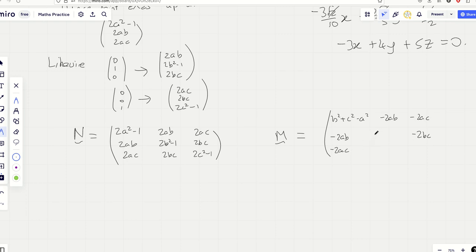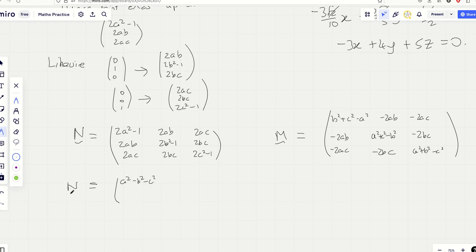This is a squared plus c squared minus b squared, isn't it? And this is going to be a squared plus b squared minus c squared. Okay, and that's minus 2bc. Now look at this. I just forgot that a squared plus b squared plus c squared is 1. So I can, of course, write this as basically the negative of the M matrix here. Disappointed I missed this. A squared minus b squared minus c squared.